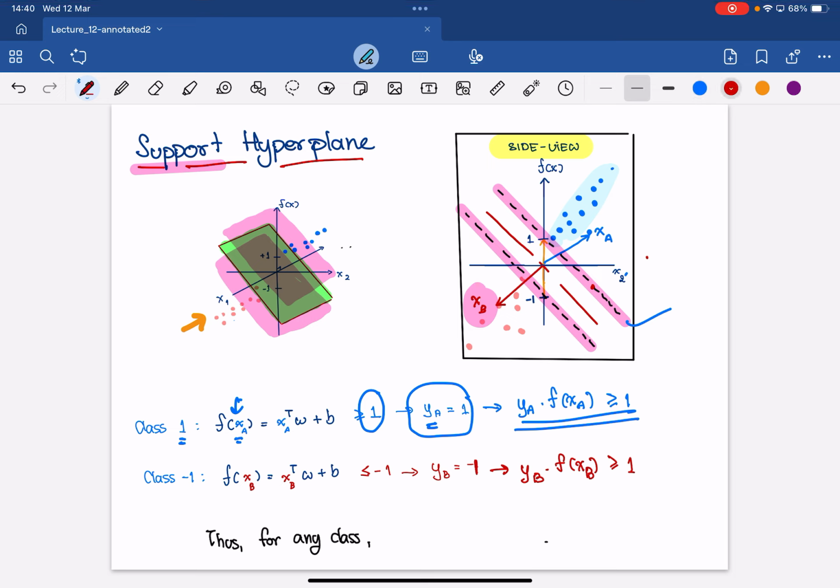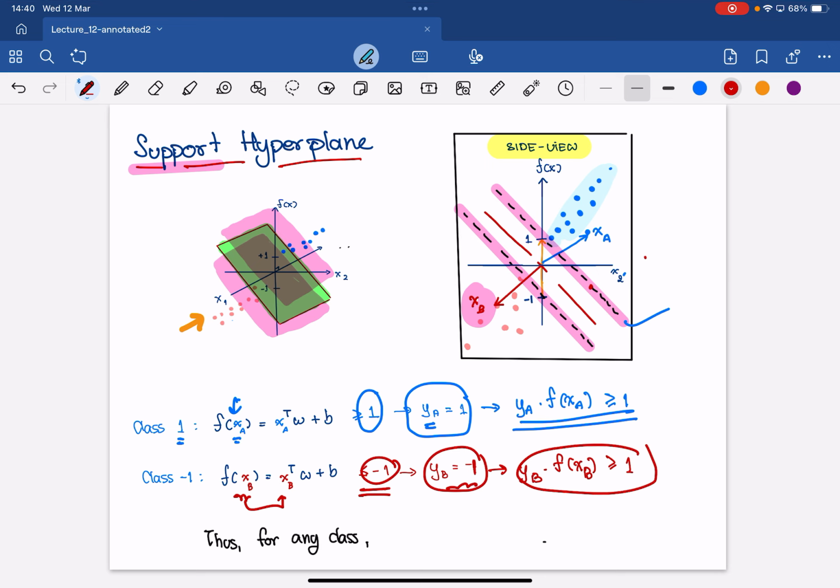For the points in the other class, that is xB, if you put xB into this function, you get a value less than -1. And of course, the value corresponding to that class is -1. Therefore, if you multiply -1 with a value less than or equal to -1, then you get greater than 1. So you can try. You want to try?